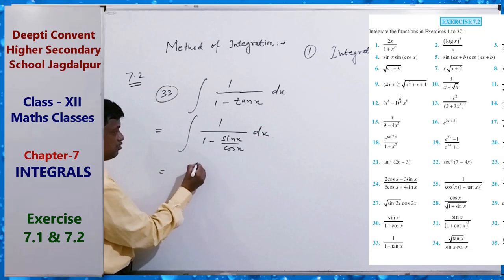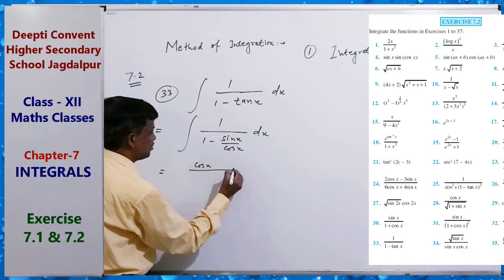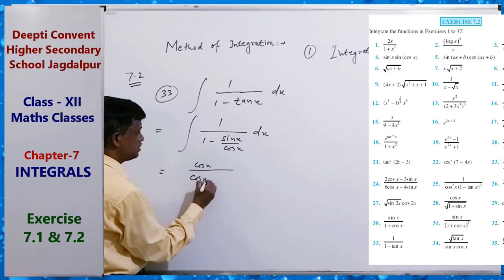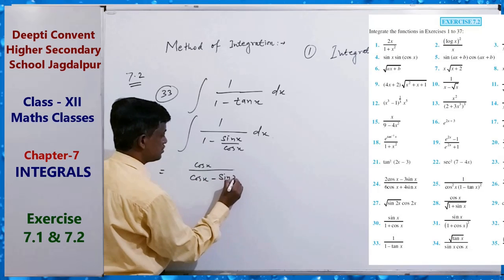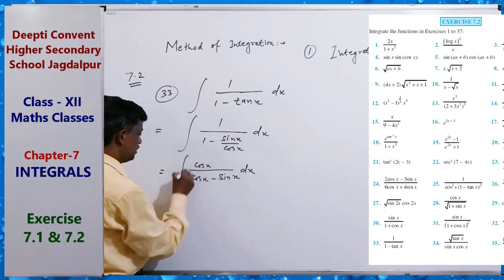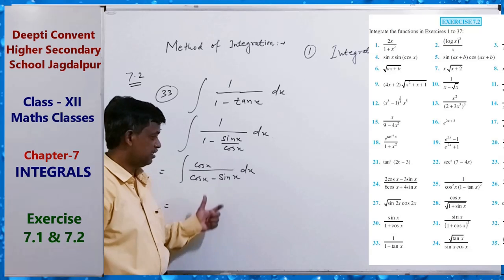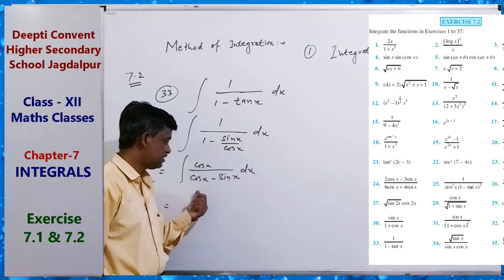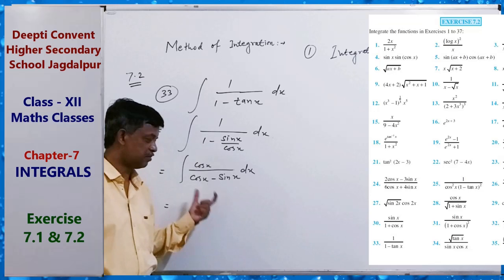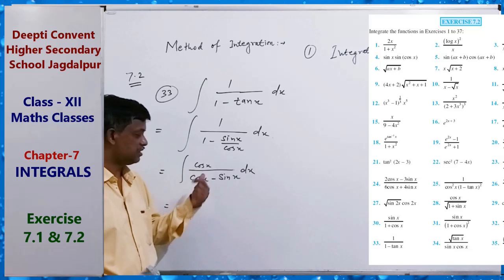Now solve it. What? Integral of cos x upon cos x minus sin x dx. Now for integrating it, at present we cannot substitute some quantity whose derivative is present here.